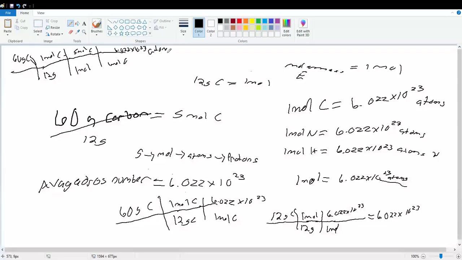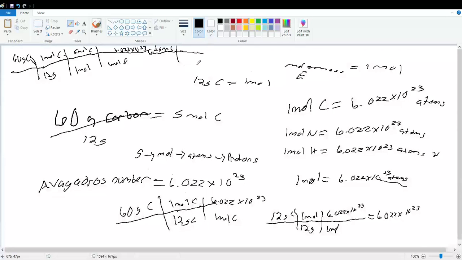Here, I think it'd be pretty handy to have your periodic table with you. So let's look at carbon in the periodic table. Carbon has 6 protons because it's element number 6.